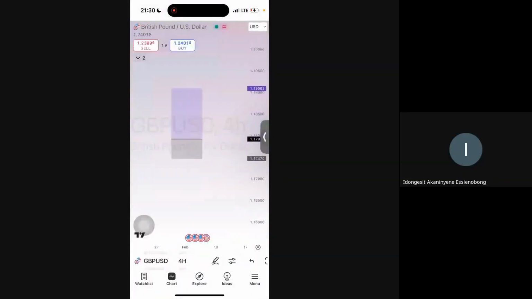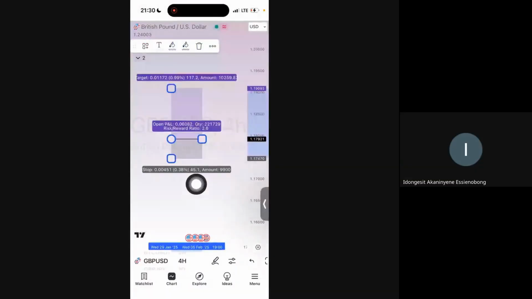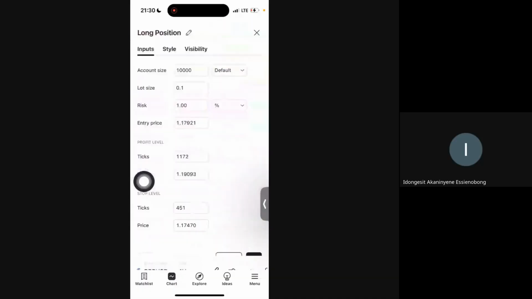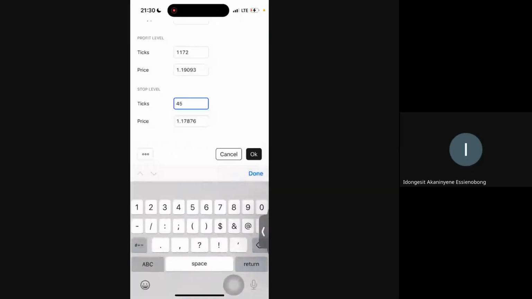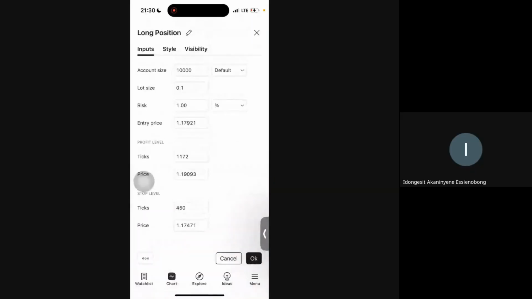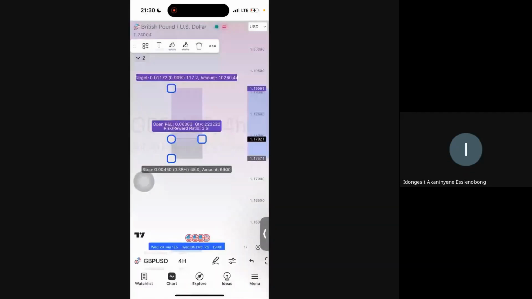Now, we're going to practicalize this just once and for all. We have 45.1 here, or we can make it 45 on the dot. Yeah, it's 45 on the dot. So this is 45 stop loss pips.